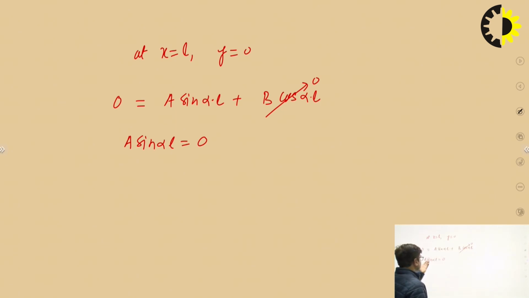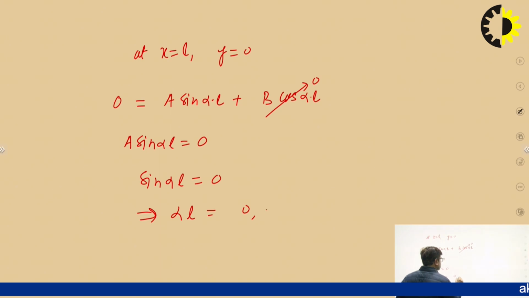So we'll avoid that situation. Now we'll consider sine alpha L equal to 0. If that is the case, then alpha L equal to either 0, pi, 2 pi, 3 pi, and so on, n pi.